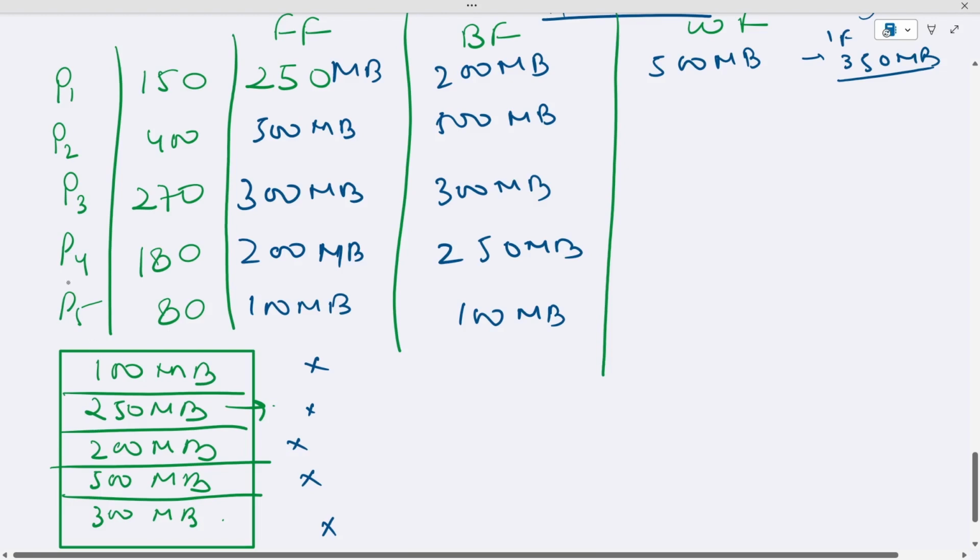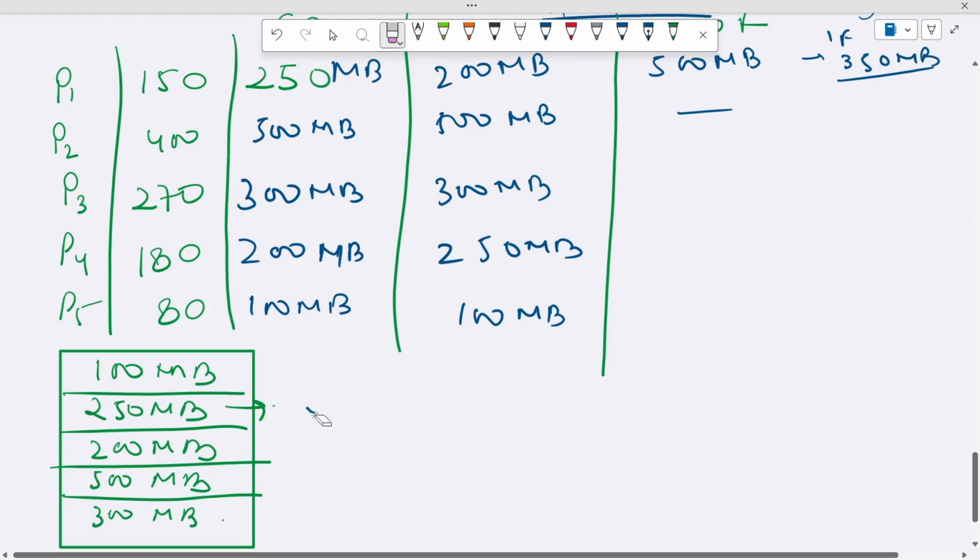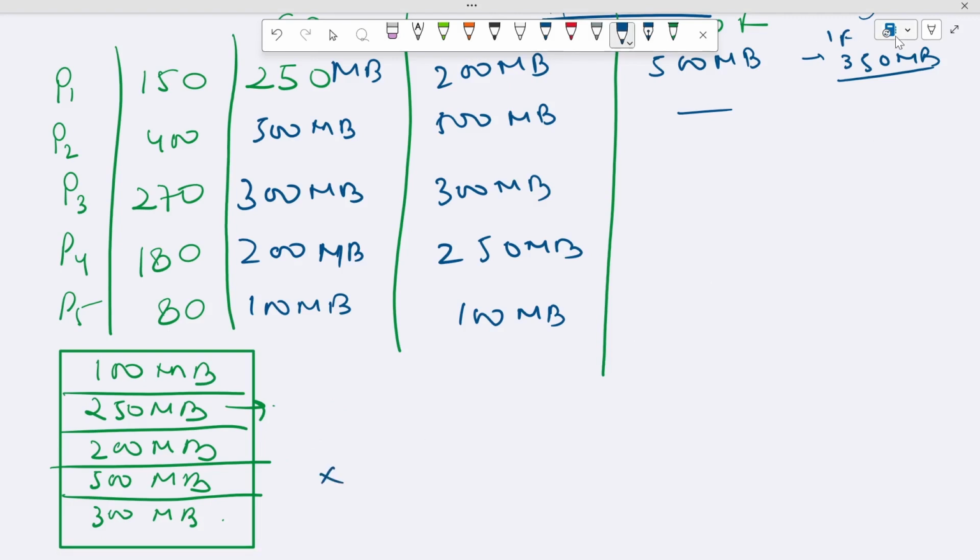P2, 400, definitely cannot use any of these blocks, because only the block number 4 could have served P2, but that is already allocated to P1. So P2 doesn't get anything, and 500 is allocated.